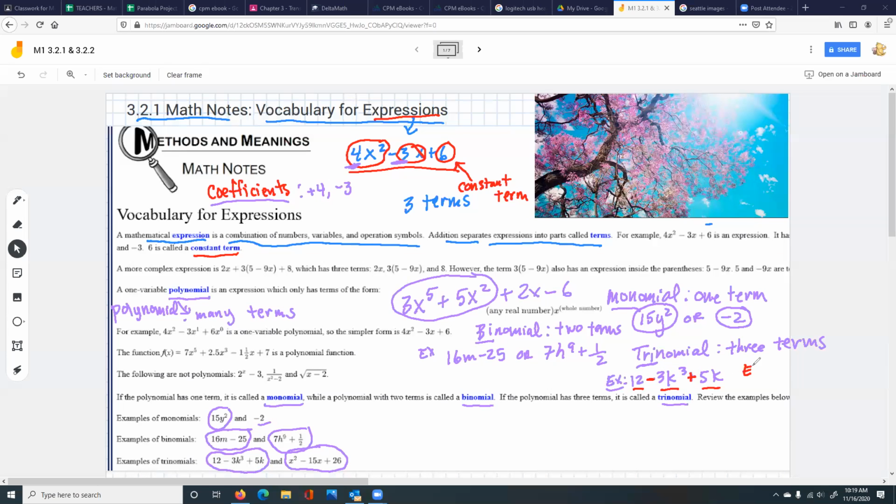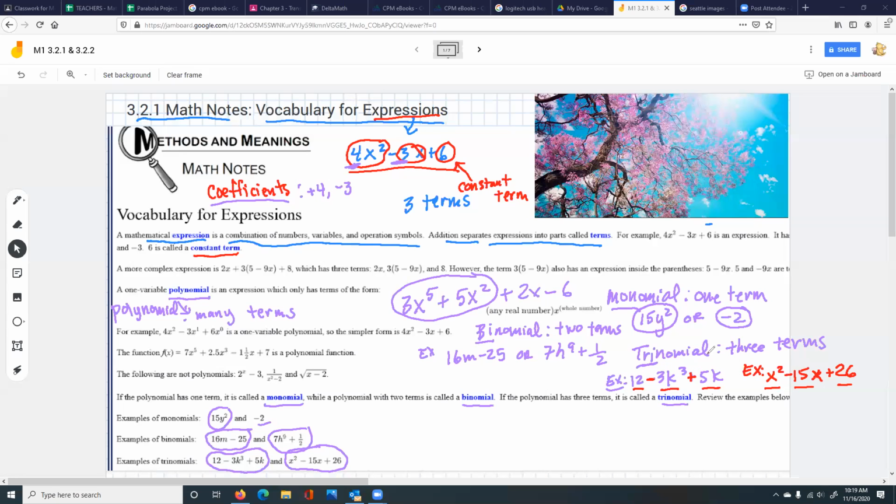Here's another example of a trinomial, right here, x squared minus 15x plus 26. This is how we like to see trinomials, in descending order, with the highest power first, then x to the first, and then no power. The constant always goes at the end. So this is proper standard form of a trinomial. 1, 2, 3 terms. Trinomial, super important.